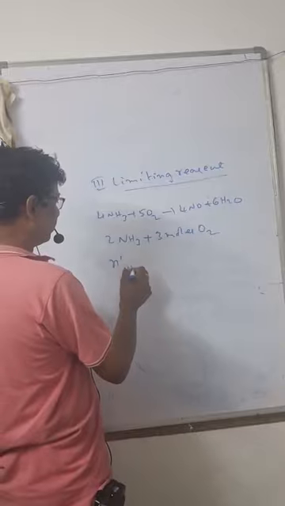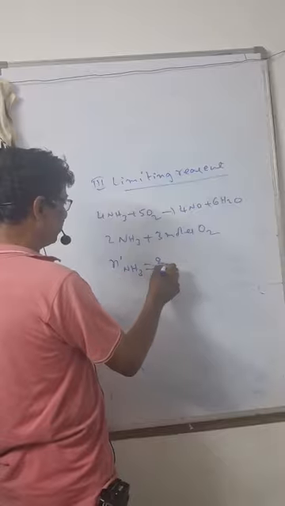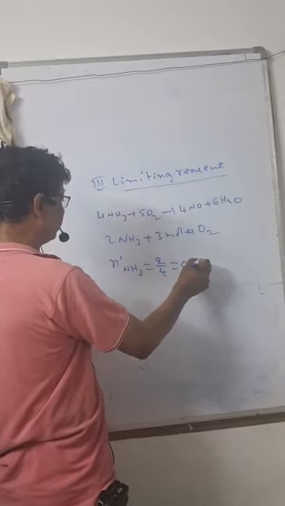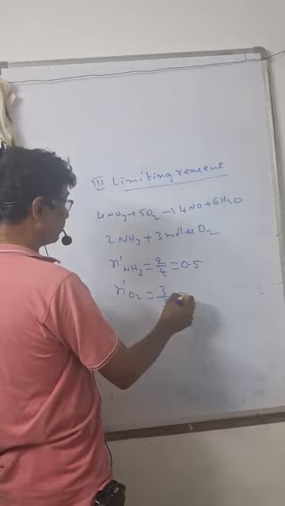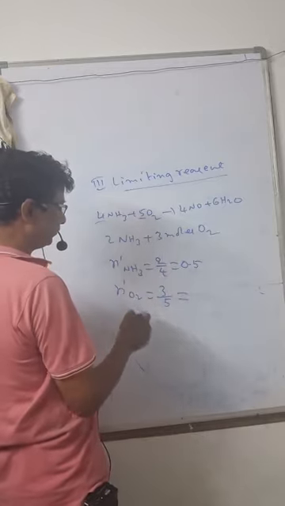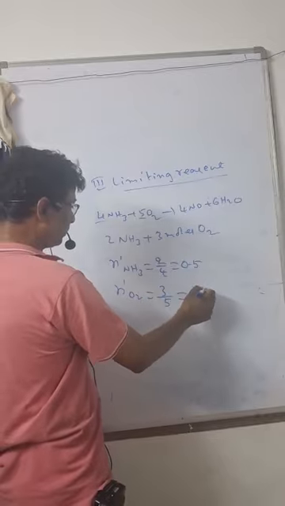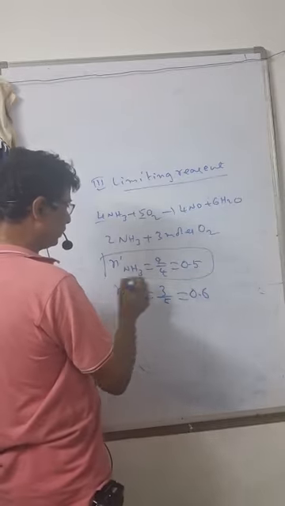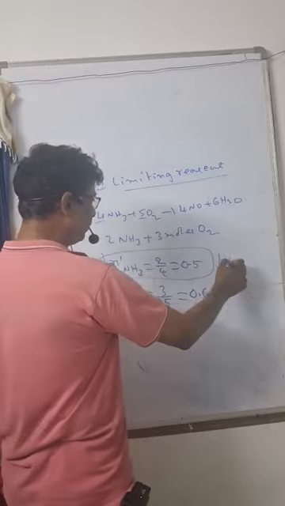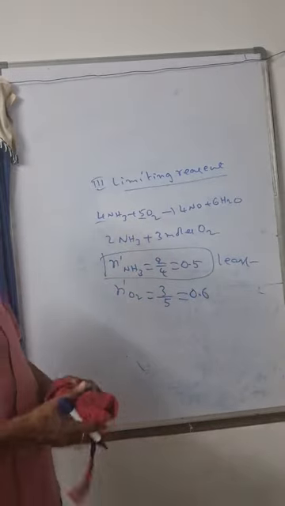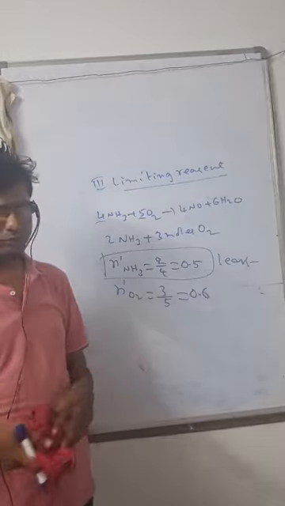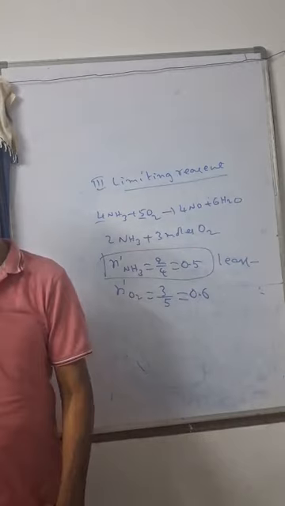Given moles by equation moles: 2 by 4, 1 by 2, 0.5. For oxygen, 3 by 5, 0.6. 0.5 is the least value, so it is the limiting reagent. Given by equation is the simplest way to find limiting reagent.